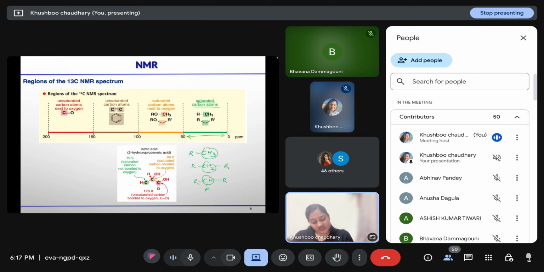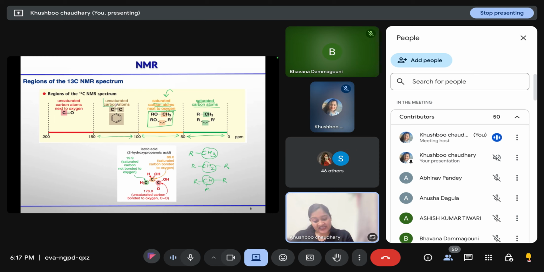Then the next region is for saturated carbon atoms that are attached to heteroatoms. It can be oxygen, fluorine, any other halogen atoms, or sulfur. So this region, from 50 to 100, belongs to carbons attached to oxygen or any heteroatom. Then the next region is from 100 to 150.